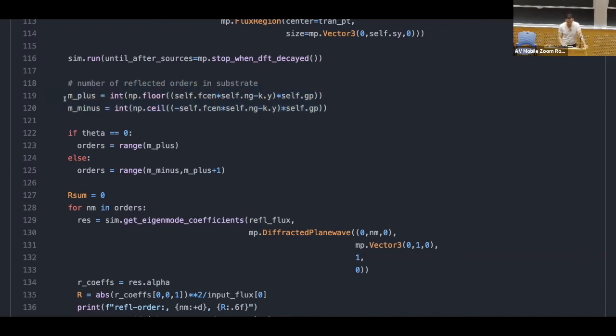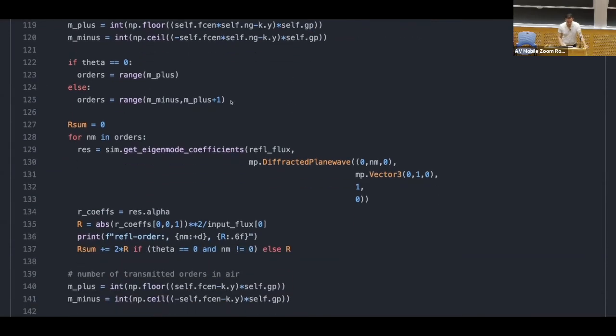And to do that, we need to compute it kind of manually using that grating equation that I showed you before. So it depends on things like the center frequency, and if we're looking at reflected orders, we need to know the actual index of the reflected modes, which is the glass, and also the period of the grating.